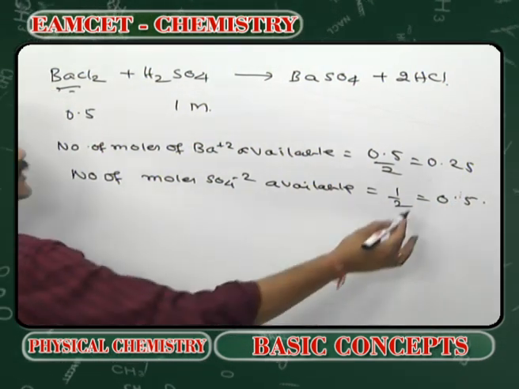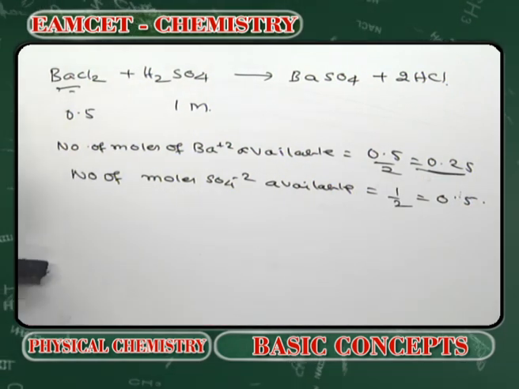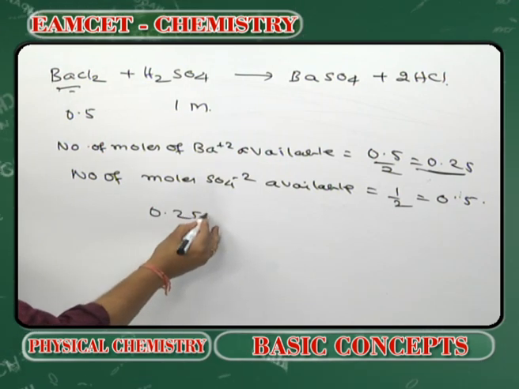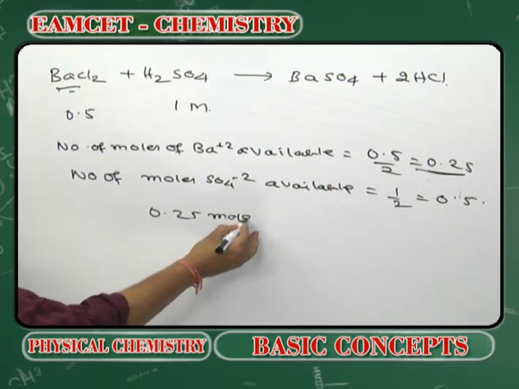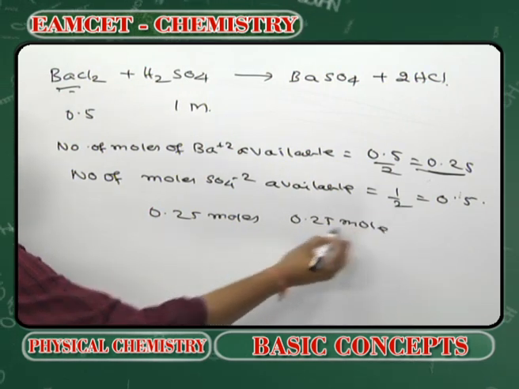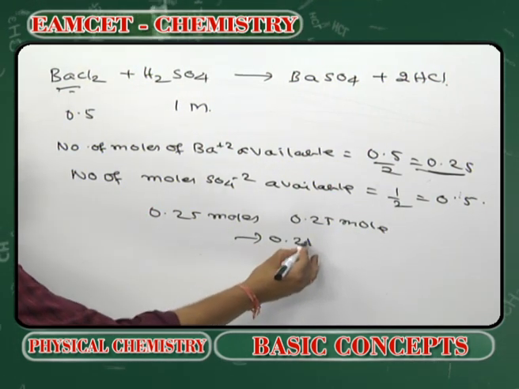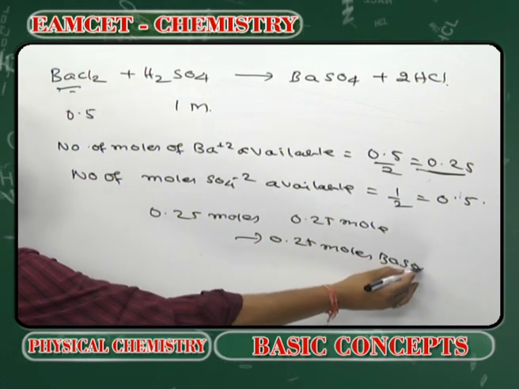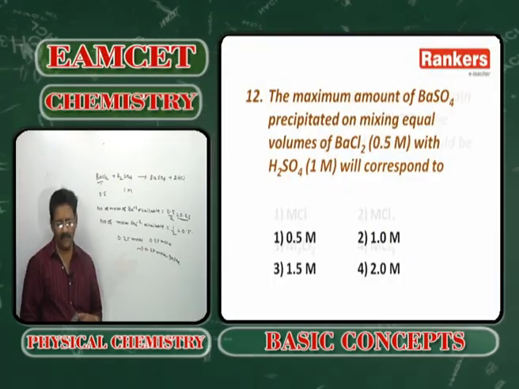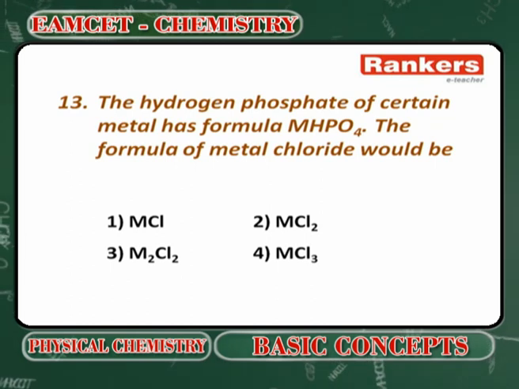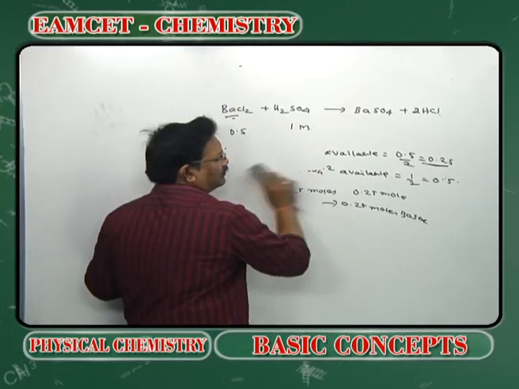So what is the limiting reagent here? Ba plus 2. So 0.25 moles of Ba plus 2 combines with 0.25 moles of sulfate ions to form 0.25 moles of barium sulfate. That must be the answer. Next. Here this is a problem relating to the limiting reagent when equal volumes are mixed.